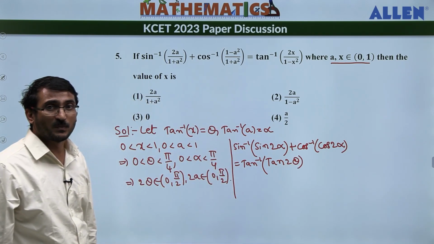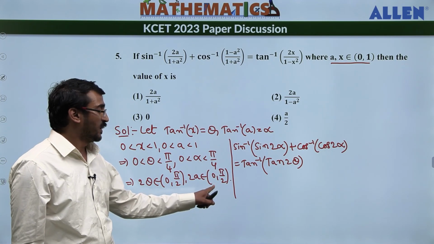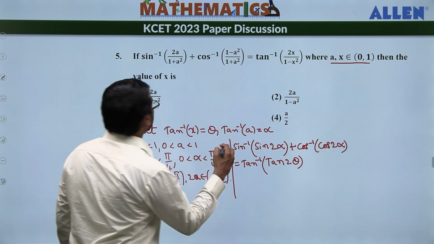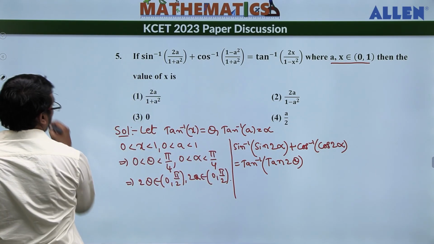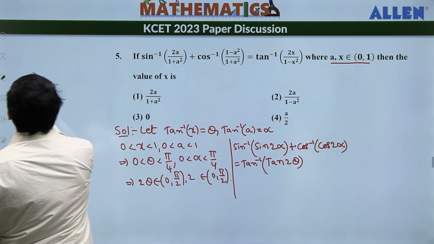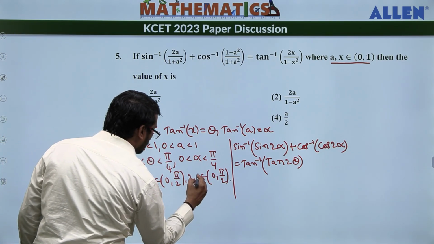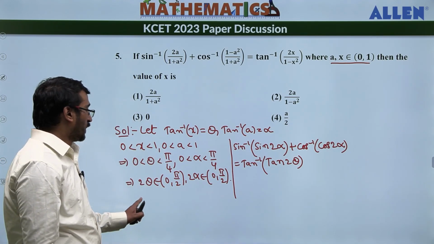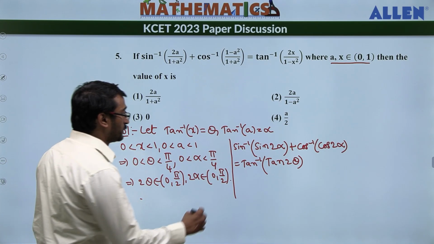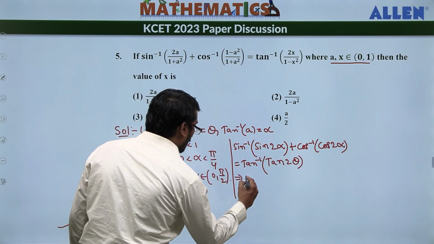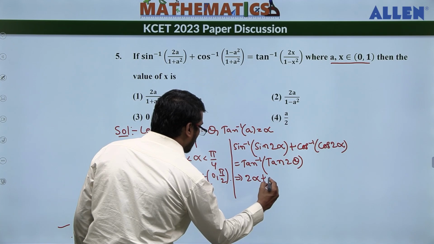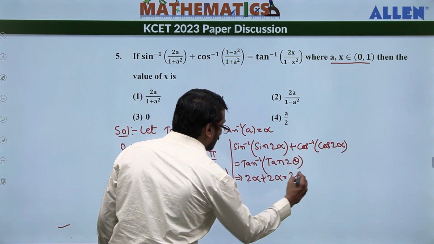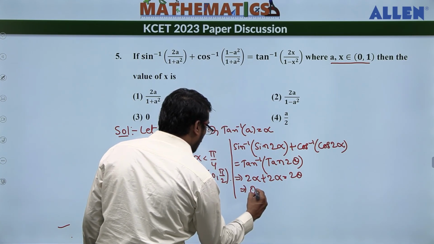Now 2 alpha comes outside because it is an acute angle. 2 theta also comes outside because it is an acute angle. 2 alpha plus 2 alpha is equal to 2 theta. So theta is equal to 2 alpha.